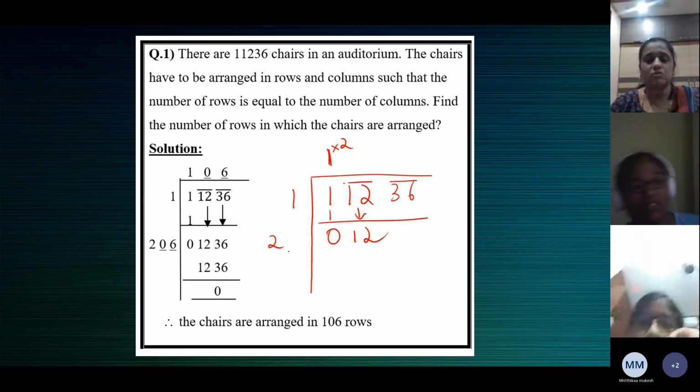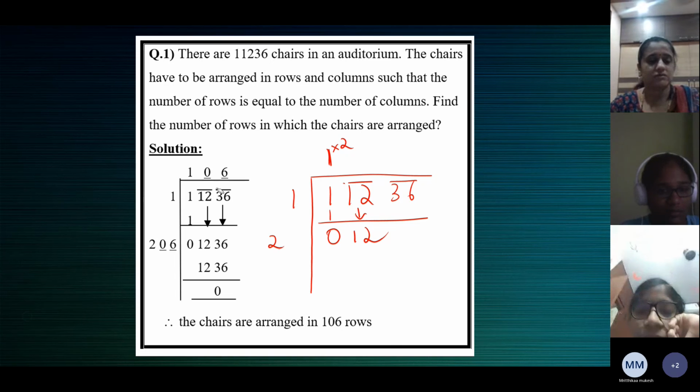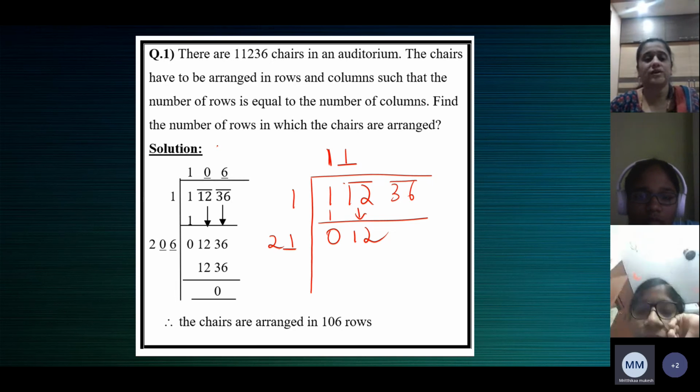2. Now, whatever digit you place here, you must place the same digit here. Supposing I write 1 here and 1 here, what will it give me? 21 ones are 21. 21 into 1 is 21.